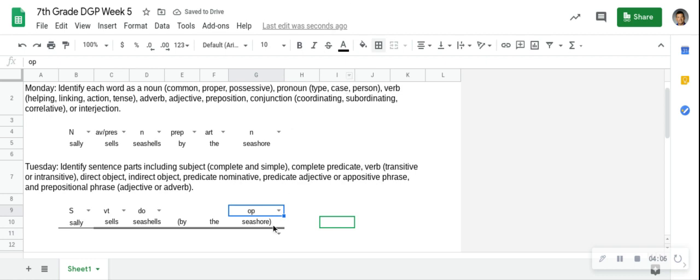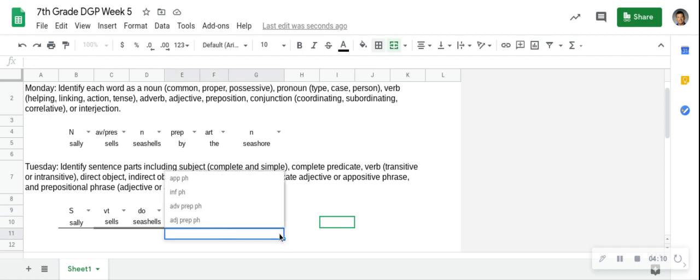Now, the only thing that we have left to identify is what type of prepositional phrase we have. It's describing where it's at. Okay. Direction is always what then? It's an adverb.